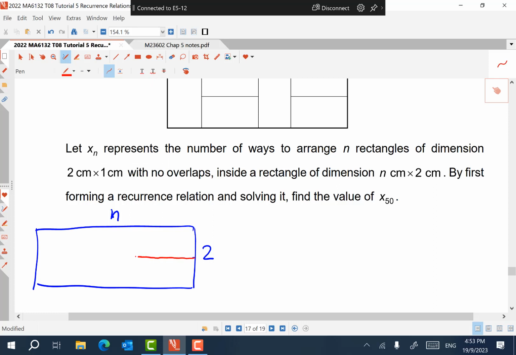Either you arrange it this way, or you arrange it this other way.